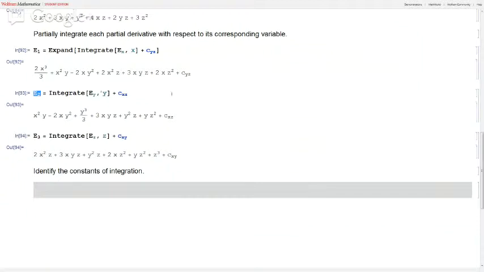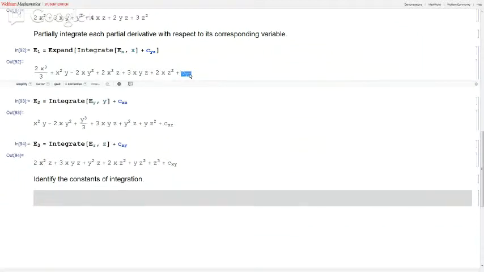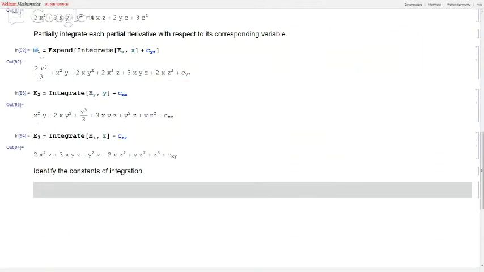That way, this constant of integration can make up for the terms that E1 lacks that are found in E2 and E3, and I need to do this for all three of them until all three functions are the same, and that would be my E.